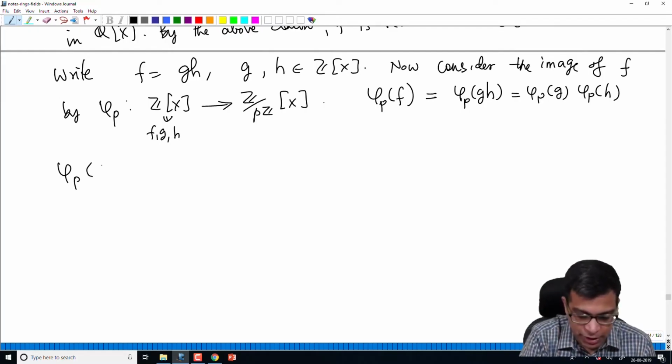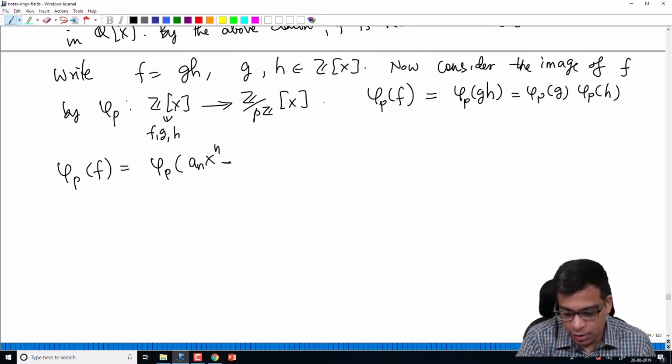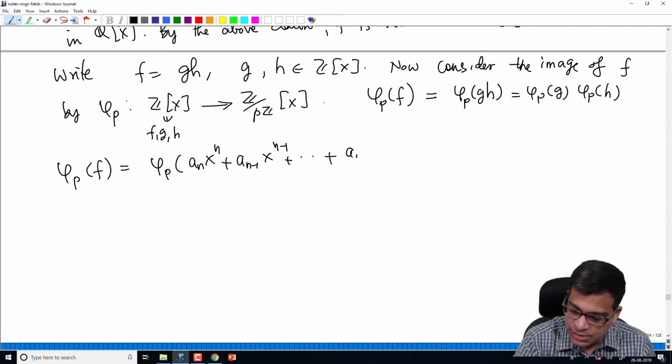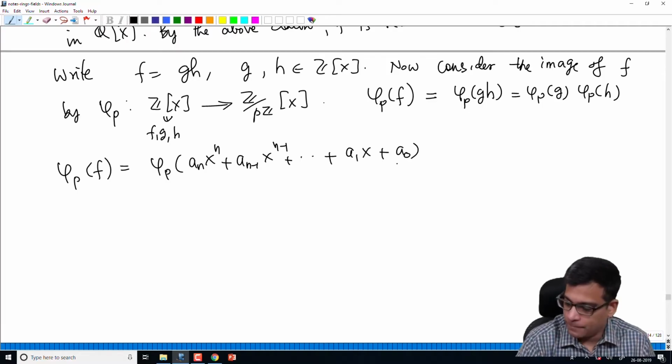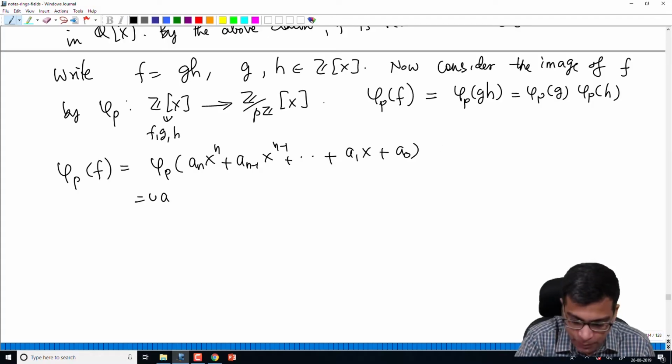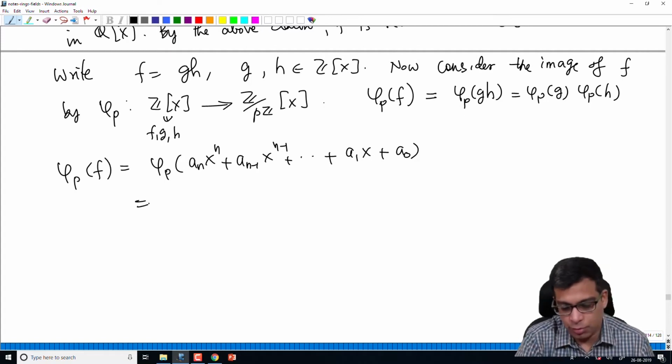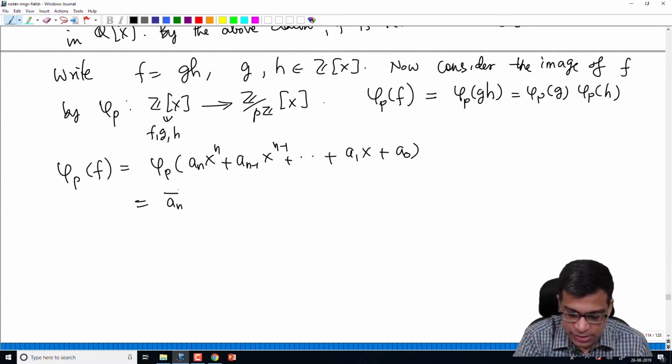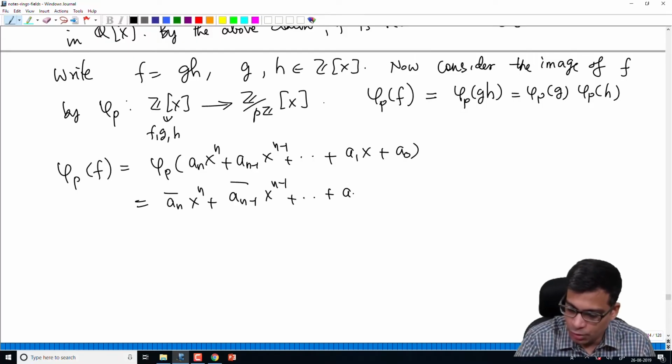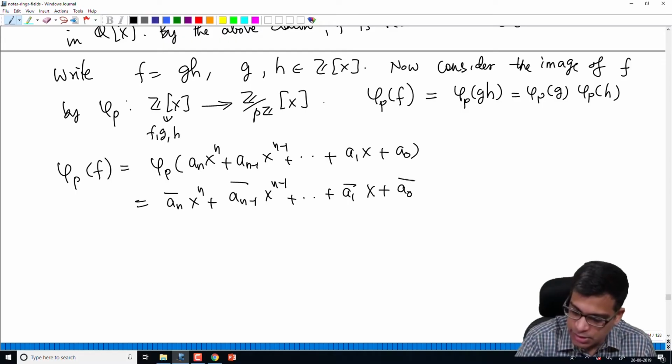Now what is phi p F? Remember, I have written F as a_n x^n plus a_(n-1) x^(n-1) plus ... plus a1 x plus a0. Because phi p is a ring homomorphism, by definition of phi p, this is a_n bar x^n, a_(n-1) bar x^(n-1), ..., a1 bar x plus a0 bar, right?